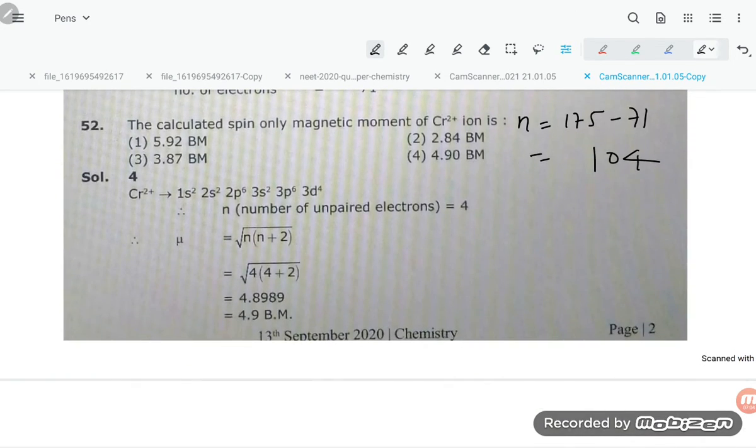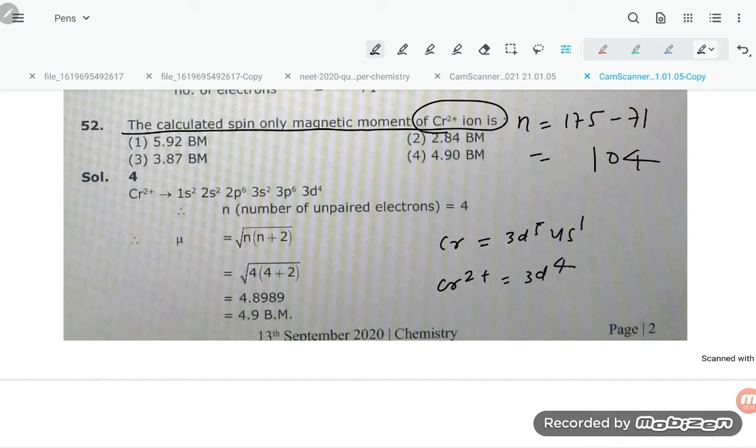Now the next question: the calculated spin-only magnetic moment of the chromium 2+ ion. Chromium configuration is 3d5 4s1. So Cr2+ is 3d4, meaning n is equal to 4.